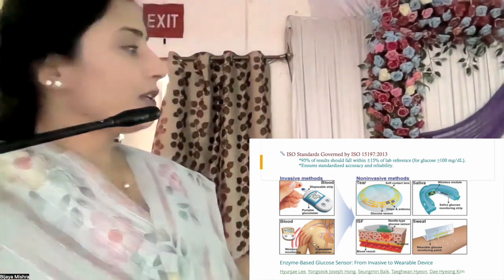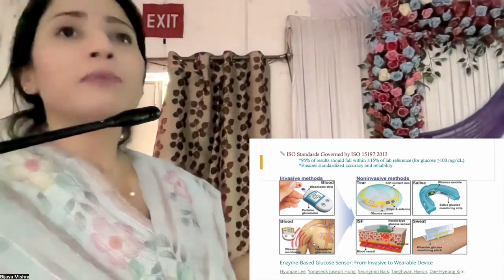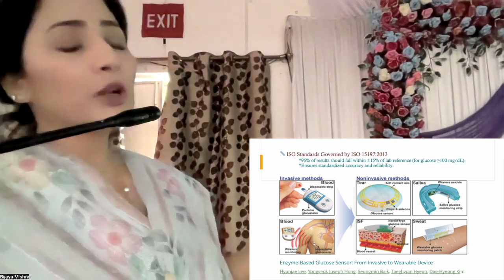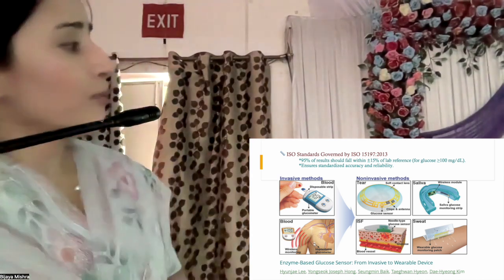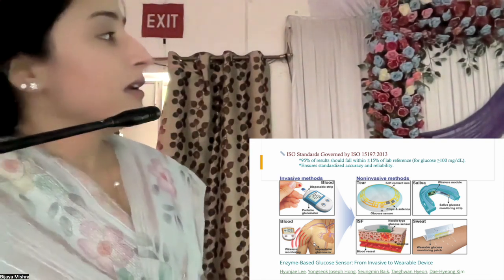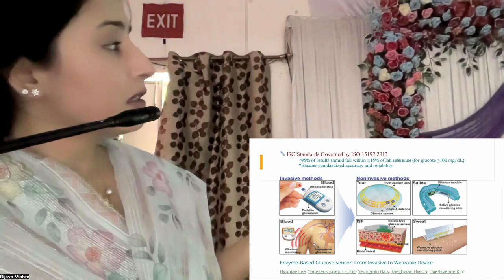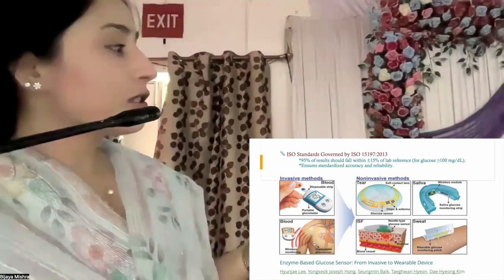But this had a challenge: because of biofouling inside, it had a very short half-life, and this device had to be replaced every other time. So because of this, there are now non-invasive methods. And what I found interesting was that glucose is now being measured in the tears, in the saliva, in the interstitial fluid, and also in the sweat of the patient.